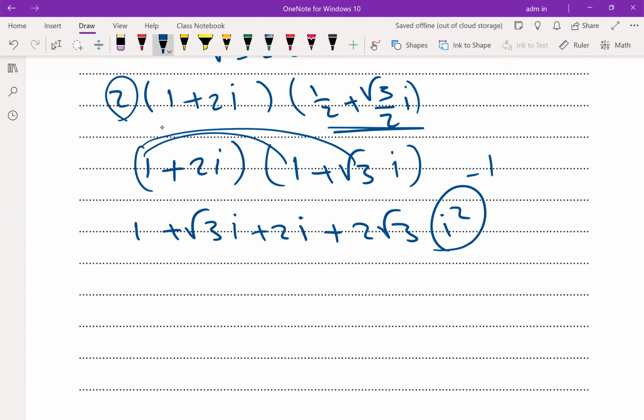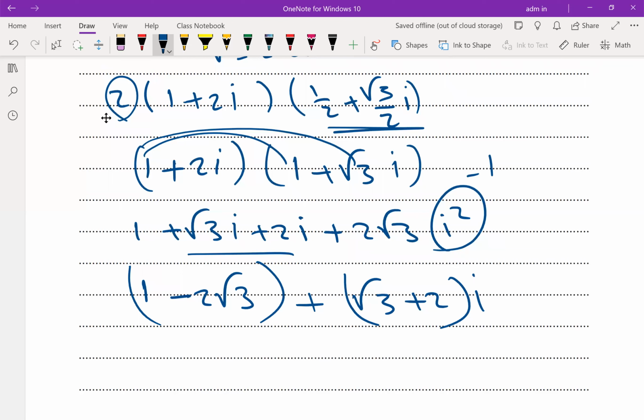So this part will be 1 minus 2 root 3. This is the real part, and root 3 plus 2, all multiplied by i, is the imaginary part, simplified. Thank you.